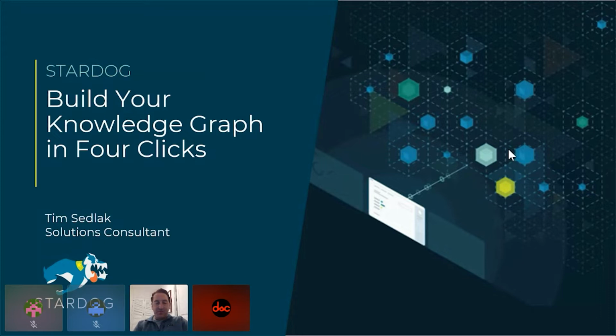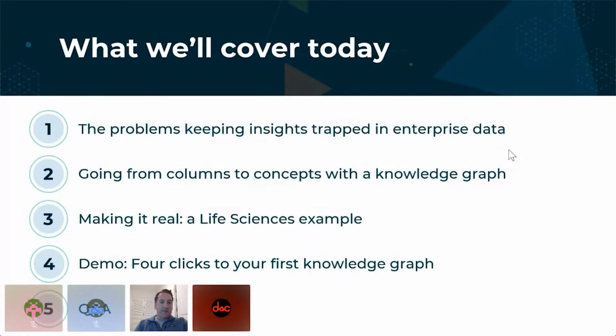As the title says, we're going to talk today about how you can build a knowledge graph in 4 clicks, but we're going to cover a few things first. To begin, we're going to touch on the problems that keep insights trapped deep in and across enterprise data.